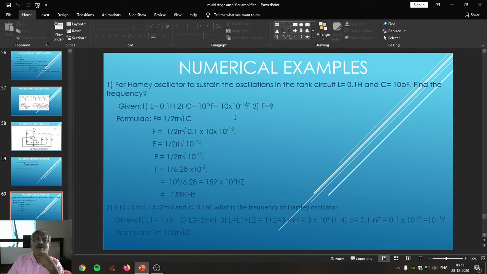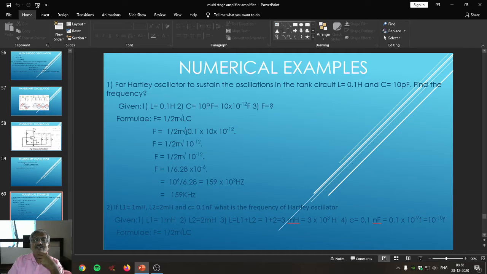The formula for the frequency of Hartley oscillator, which you already derived, is F is equal to 1 upon twice pi square root of L into C. Putting the values of L and C, we get F is equal to 1 upon twice pi square root of 0.1 into 10 into 10 raised to minus 12.